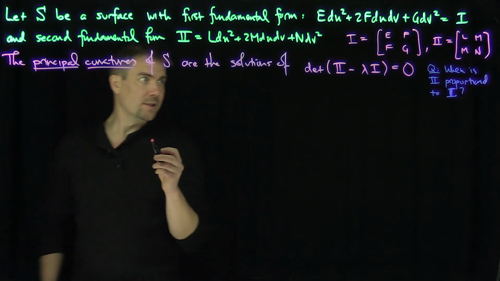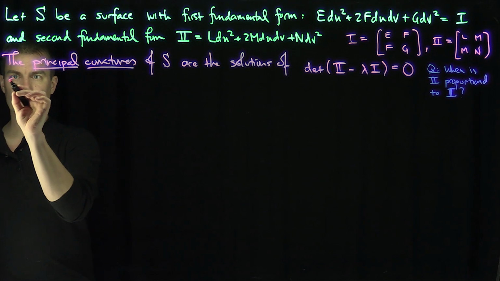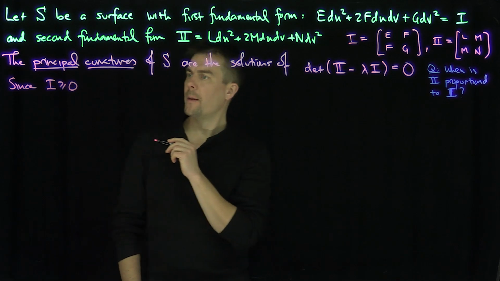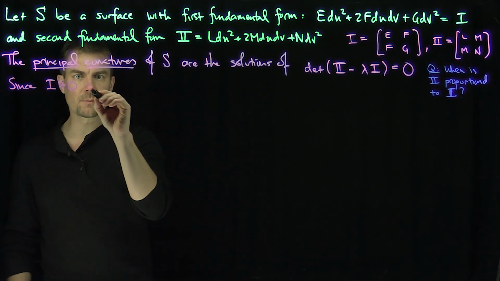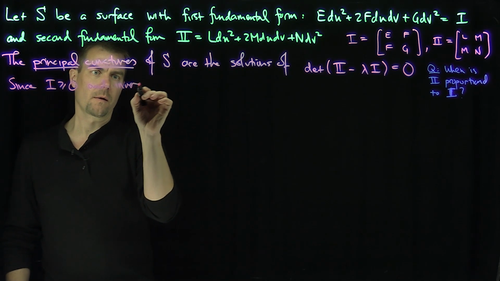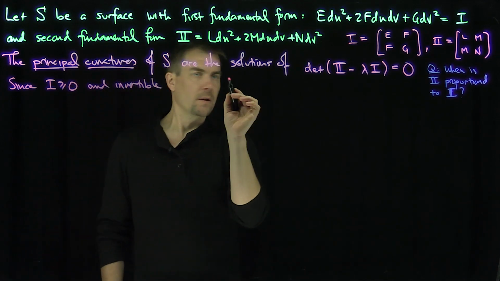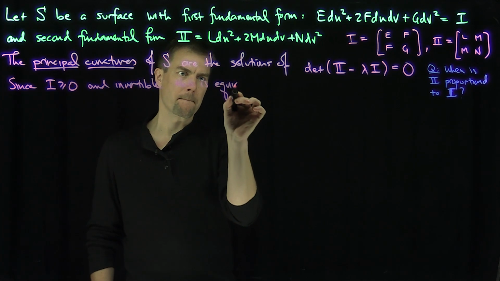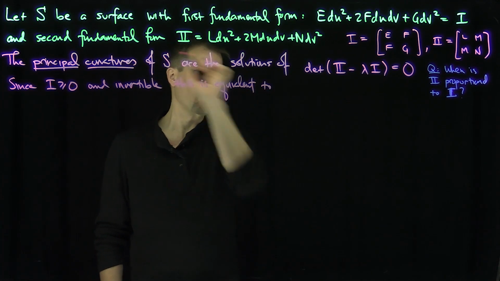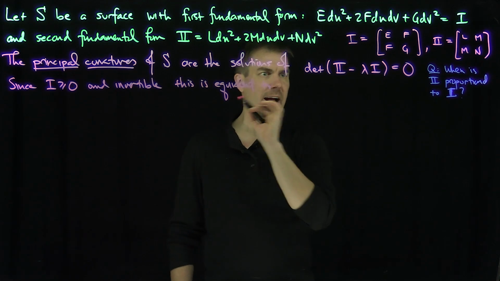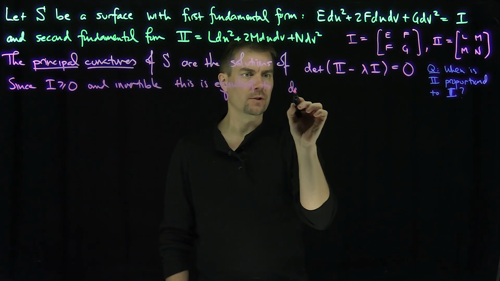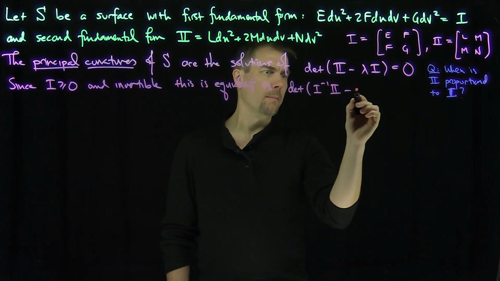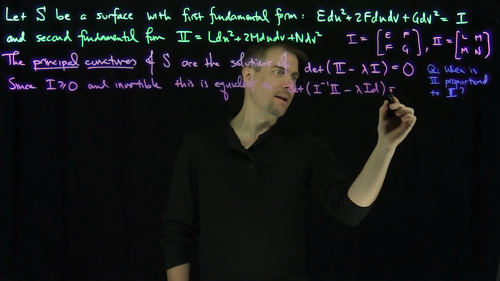Since 1 is positive definite, by assumption, that's what metrics have to be, and invertible, this is equivalent to, I can pull an I out of here, determinant of I inverse 2 minus lambda identity is equal to 0.